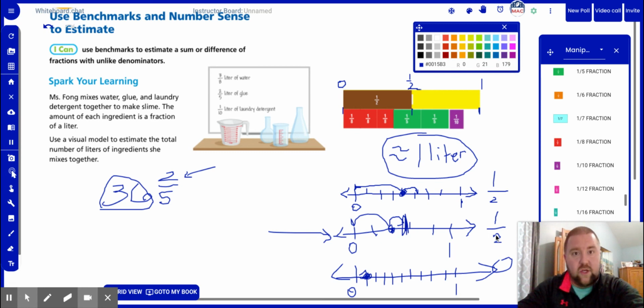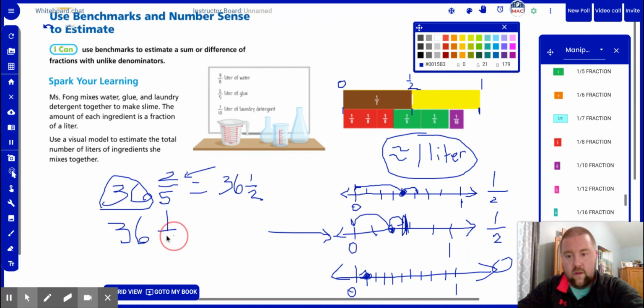And we said it rounded to a half. So 36 and 2/5 is close to saying 36 and a half if we were estimating. Okay. Now, if I was, say, rounding 36 and 1/5, okay, using this same fifths model, this 1/5 is closer to 0, which means the fraction would be worth 0. So then this would round to 36.